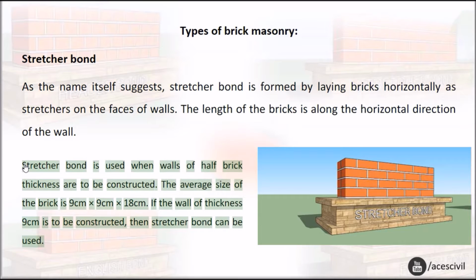Stretcher bond is used when walls of half brick thickness are to be constructed. The average size of the brick is 9 cm x 9 cm x 18 cm. If a wall of thickness 9 cm is to be constructed, then stretcher bond can be used.